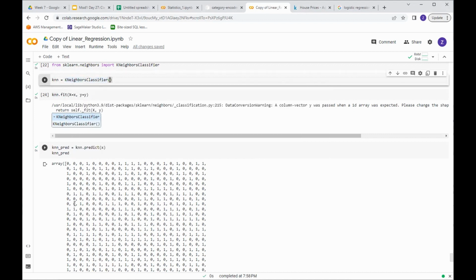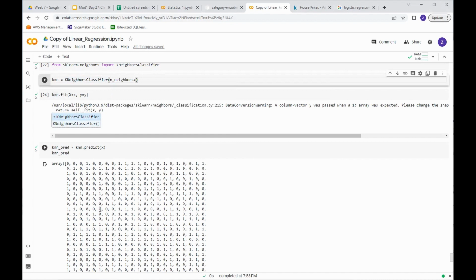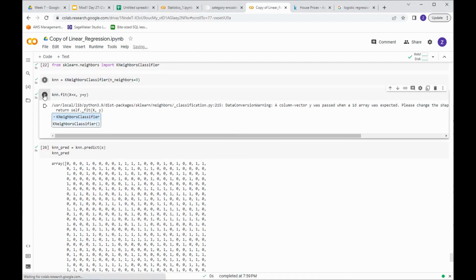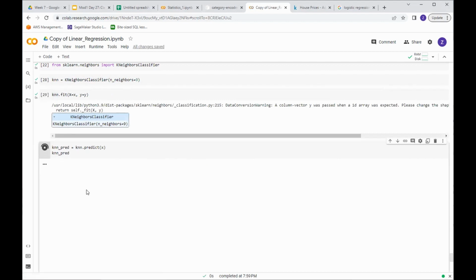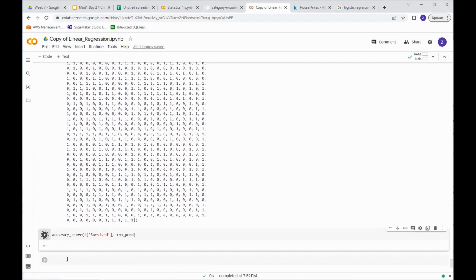So this decision is based on 5. If you make n_neighbors 9, you run this, you train the algorithm and then the model, you make predictions on this model, and now you check the accuracy score, and it's 71%.